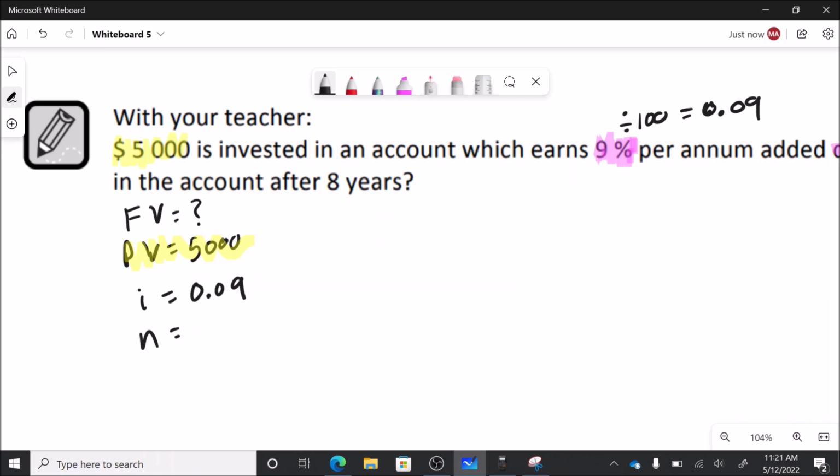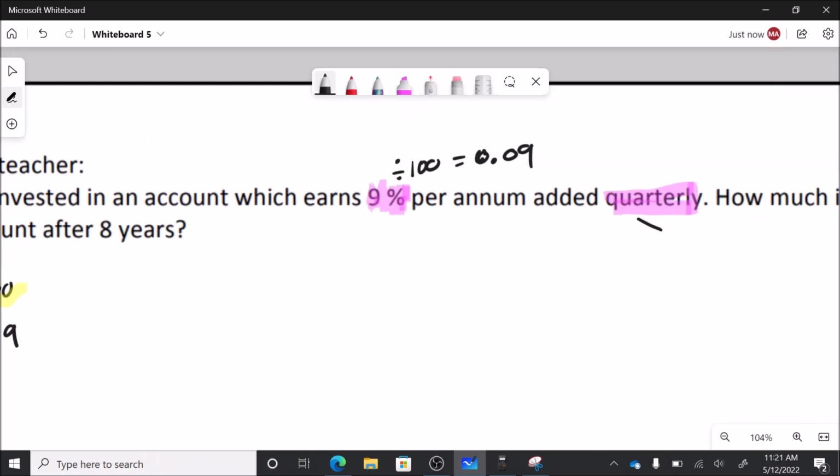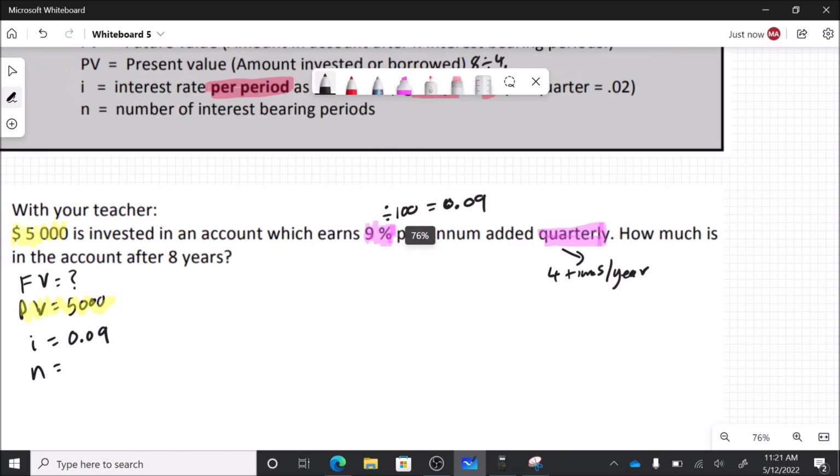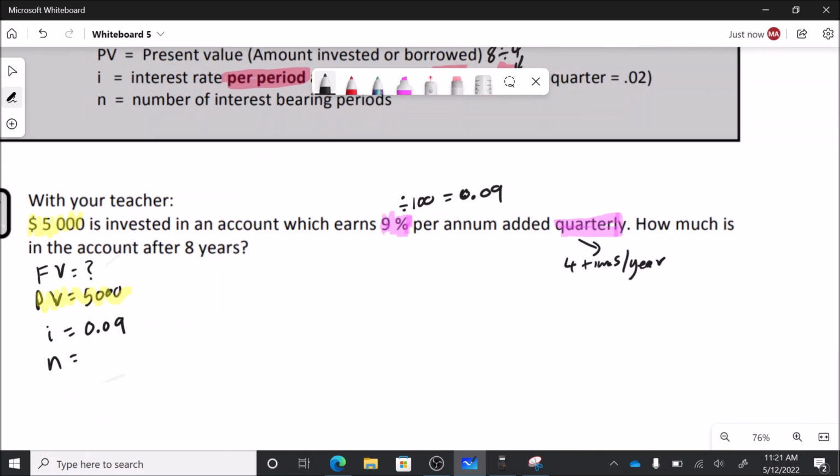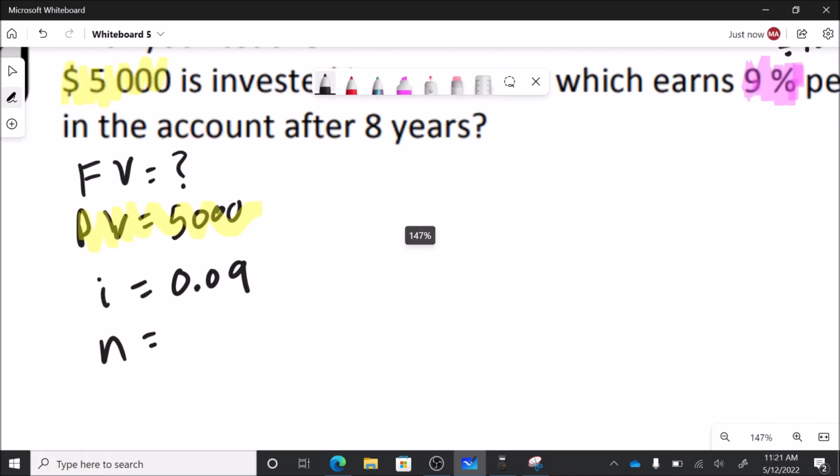Now, we're not finished yet with that because quarterly is 4 times per year. That means we need to divide by 4 because there's 4 quarters in a year, just like there's 4 quarters in a football match. So we go 0.09 and we divide that by 4.